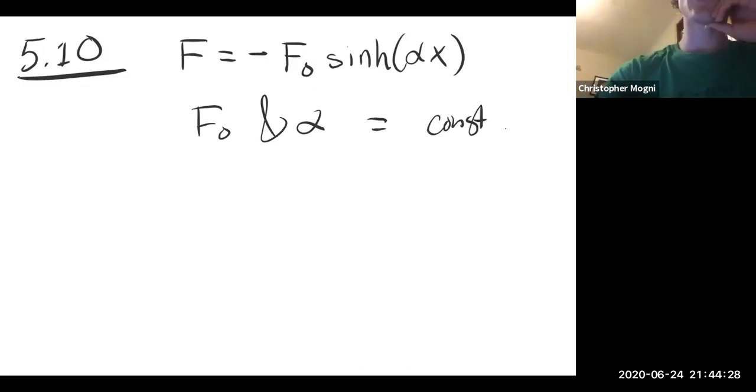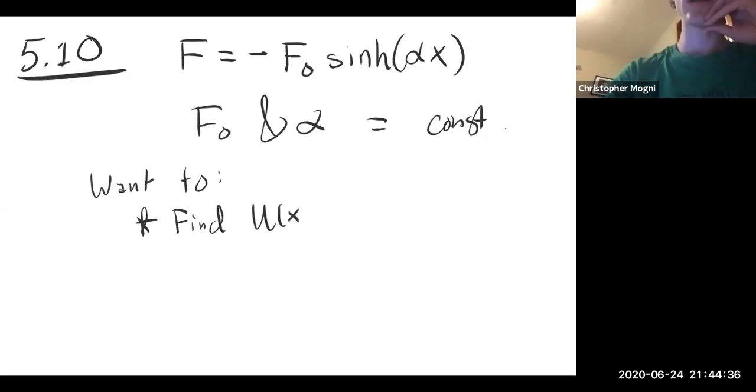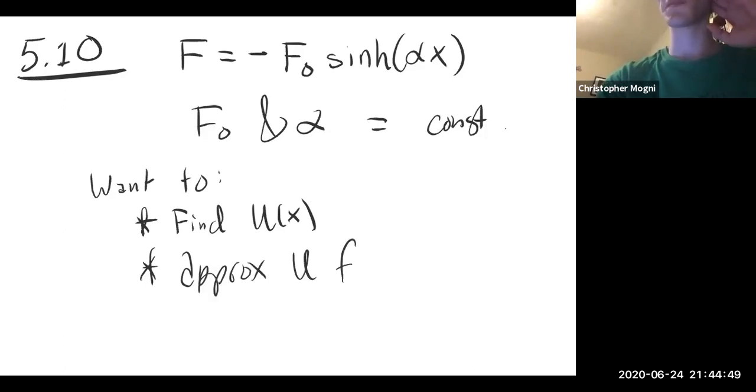What we want to do is the following. Find the potential that would give you this force, and then approximate the potential for small oscillations.